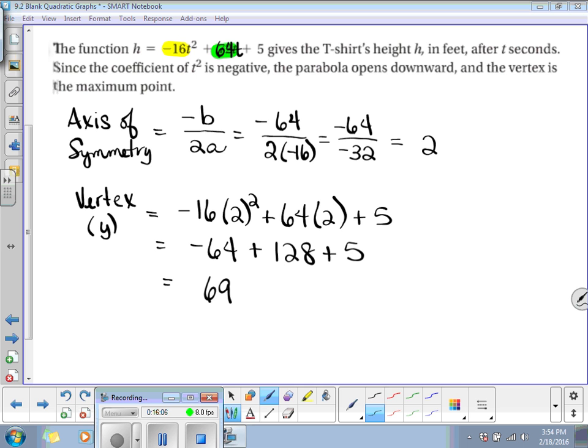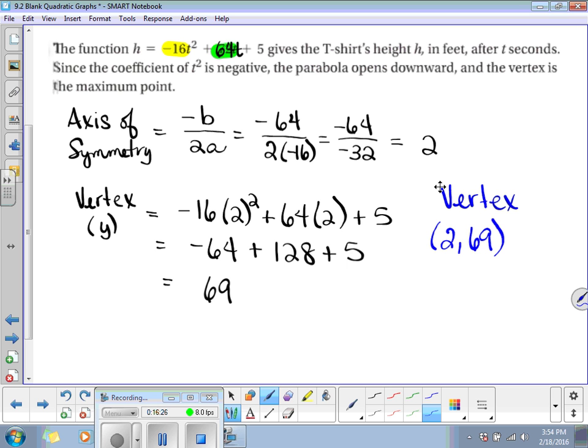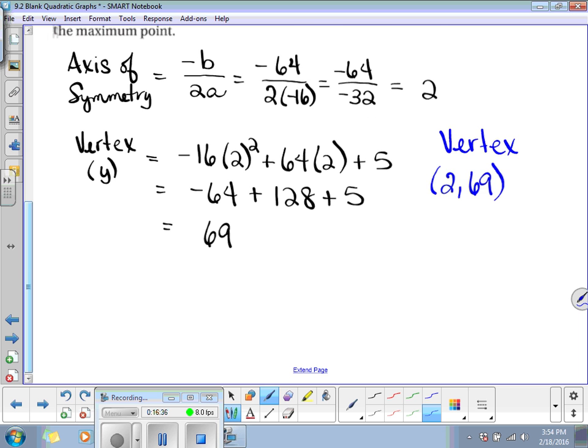All right, so the y value for our vertex is 69. So what is my vertex? X comma y is 2 comma 69. There is your vertex. Now you have your vertex. The next step is to find 2 more points. So we make another function table.